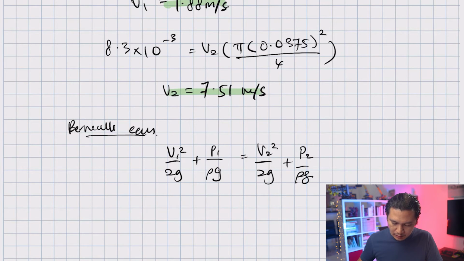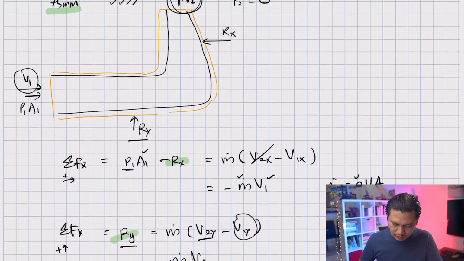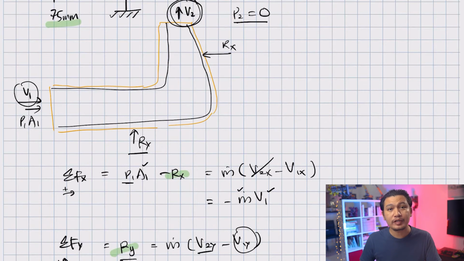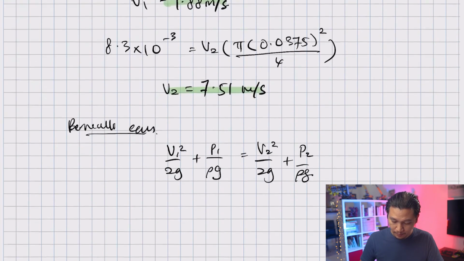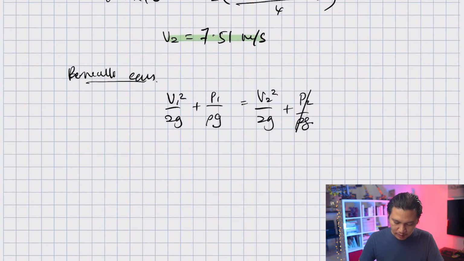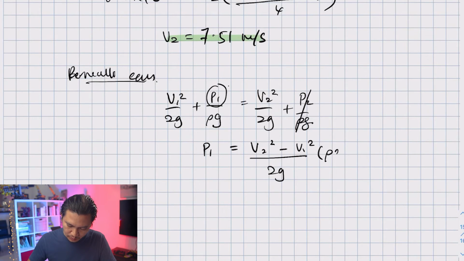And remember that our P2 is actually 0 because the water goes into the atmosphere. Right? So this is 0. And remember that we need P1. So P1 is equal to V2 squared minus V1 squared over 2g and everything multiplied with rho g.